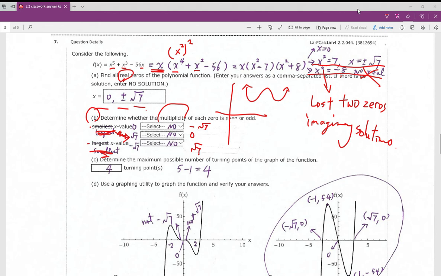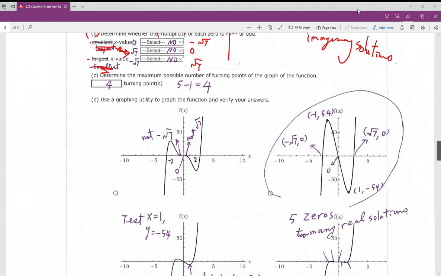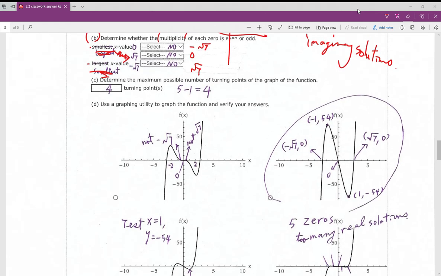And how many turning points? We say at most 5 minus 1, which is 4. But actually, in this case, we don't have that many turning points. We don't have 4 turning points. Why? Because we lose 2, right? So following the formula n minus 1, at most.